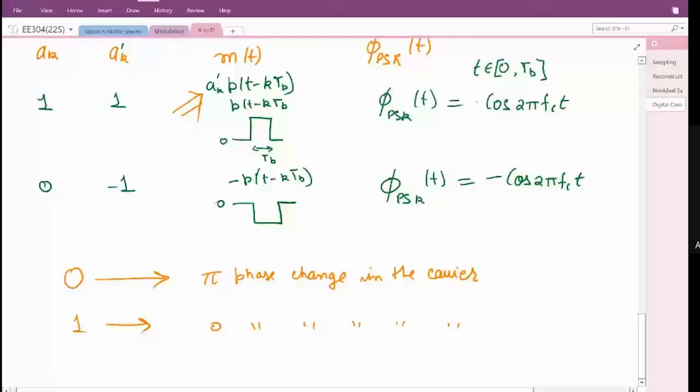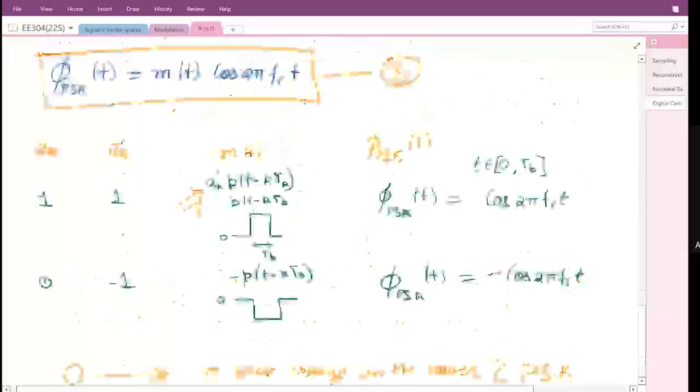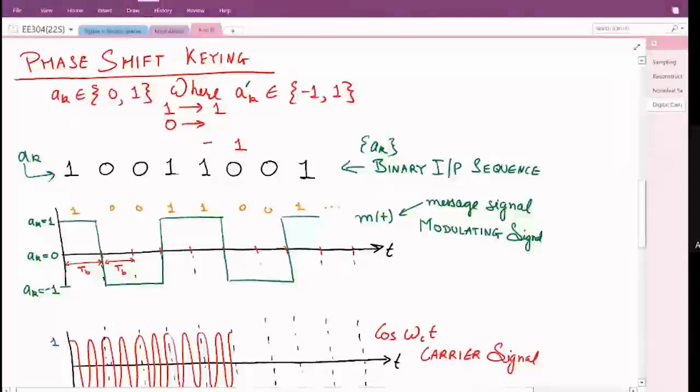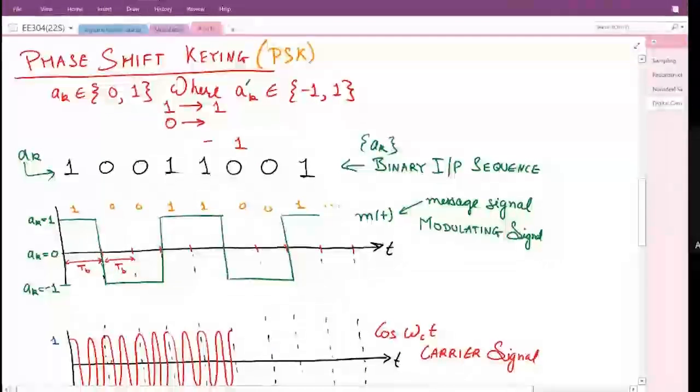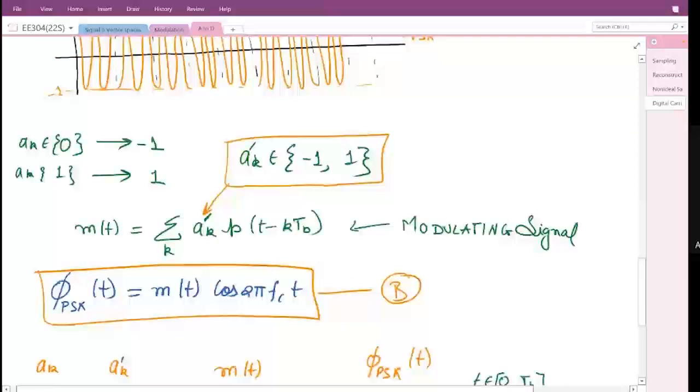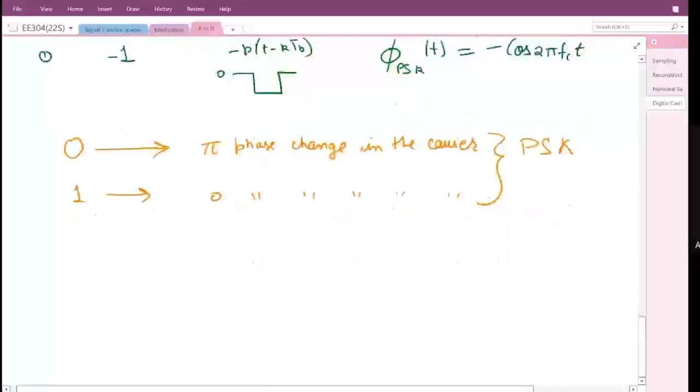And this is why this is called PSK, or phase shift keying. Yes, phase shift keying. Again, this is same as phase modulation, but the only difference is now for phase shift keying, the input signal is a digital signal. It's no longer an analog signal. So this is the only quantification in here.